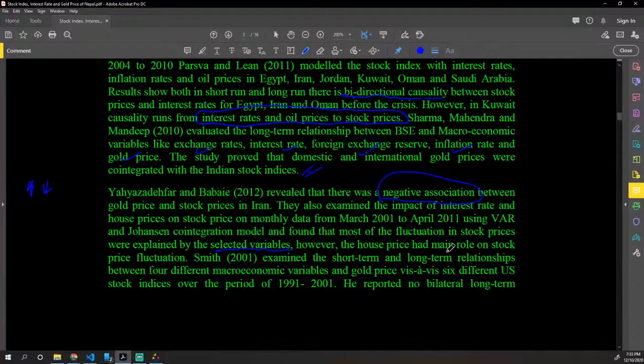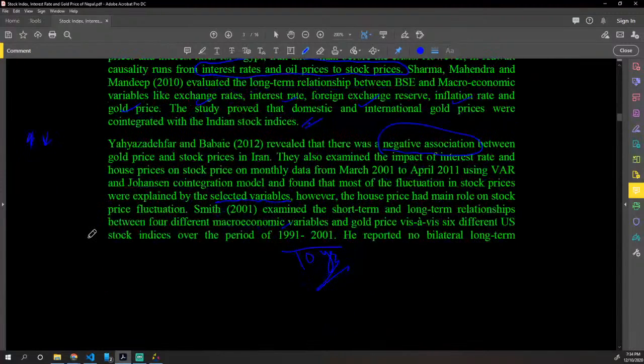Smith examined the short-term and long-term relationship between 4 different macroeconomic variables and gold price, and vice versa, with 6 different US stock indices over the period of 1991 to 2001, so 10 years, right? And then what did he report?